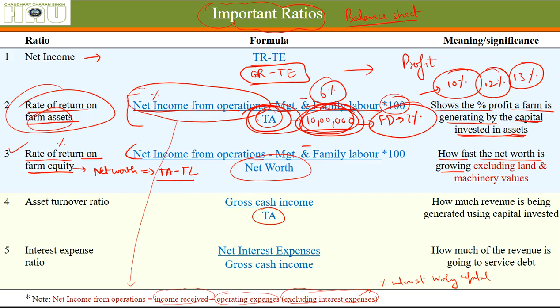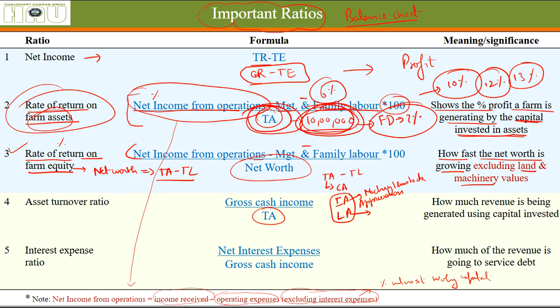Net worth, what does it include? Total assets minus total liabilities. Assets are of different types: current assets, intermediate assets, and long-term assets. But herein we are trying to exclude the effect of appreciation in the value of land and machinery. Land comes under long-term assets, intermediate assets means machinery, livestock.